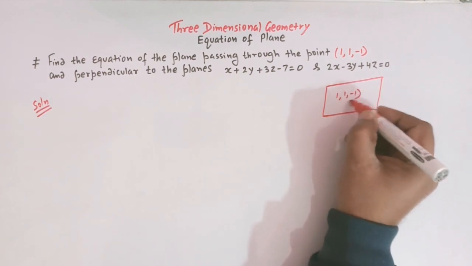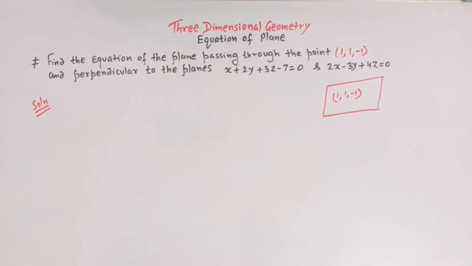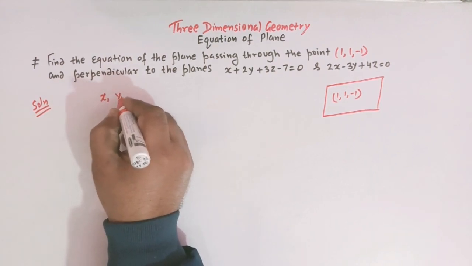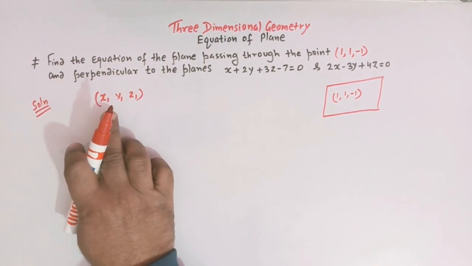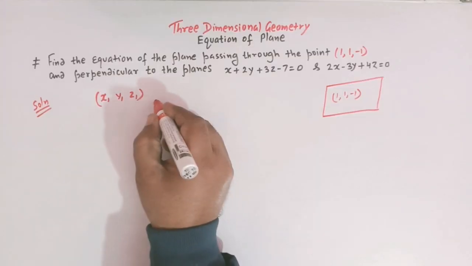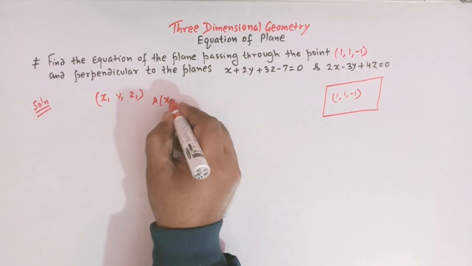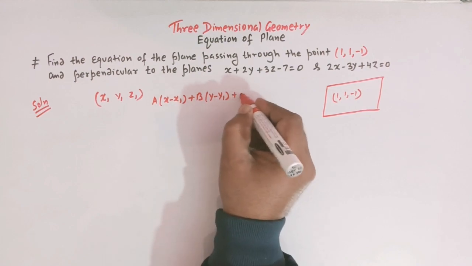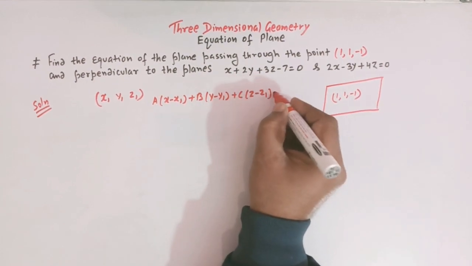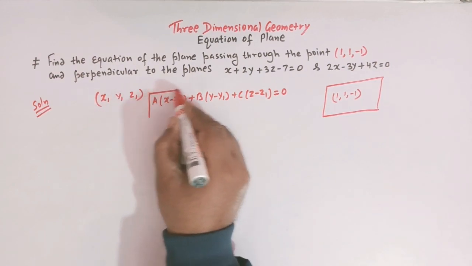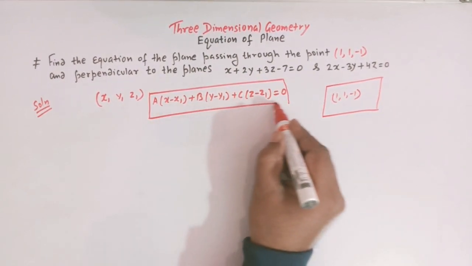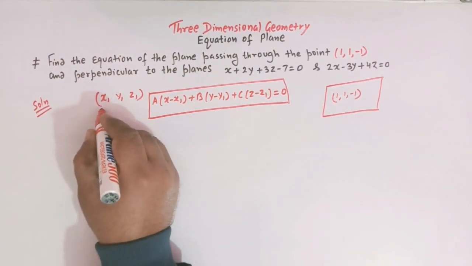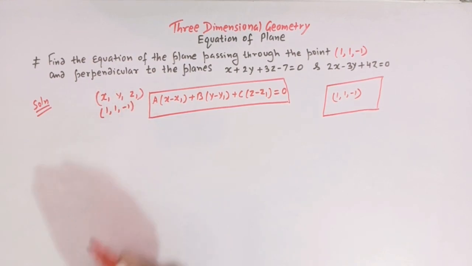So we know that if a plane passes through a given point, say x1 y1 z1, then the equation of such a plane is given by a times x minus x1 plus b times y minus y1 plus c times z minus z1 is equal to 0, right? So this is the equation of a plane which passes through a given point x1 y1 z1, and here our point is 1 comma 1 comma minus 1, right?